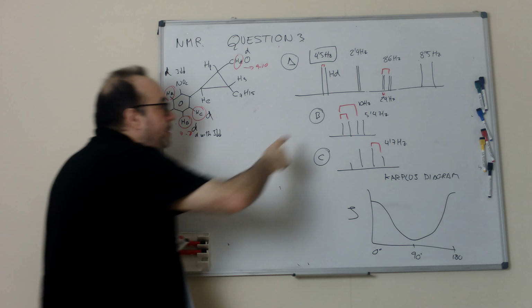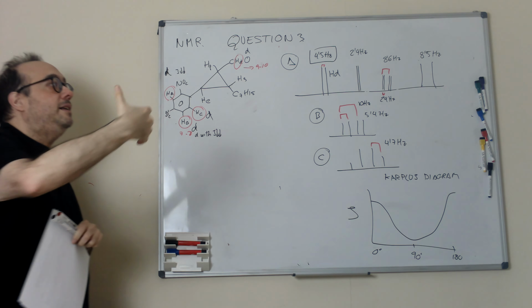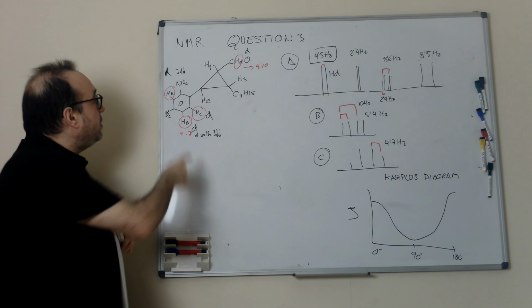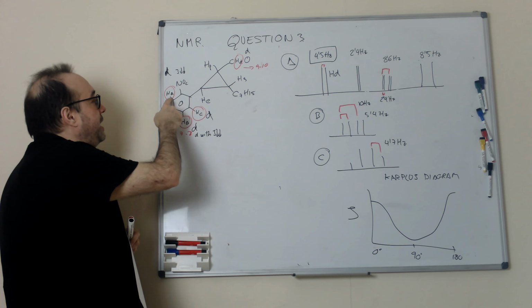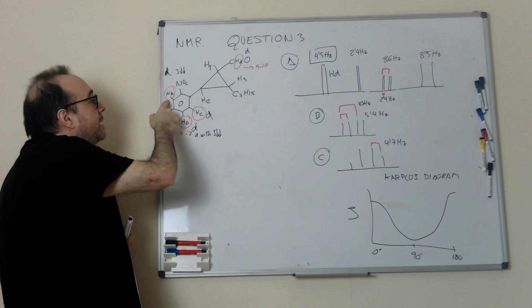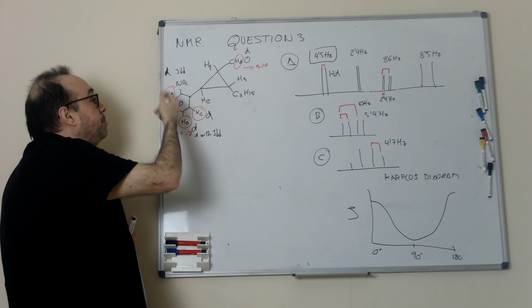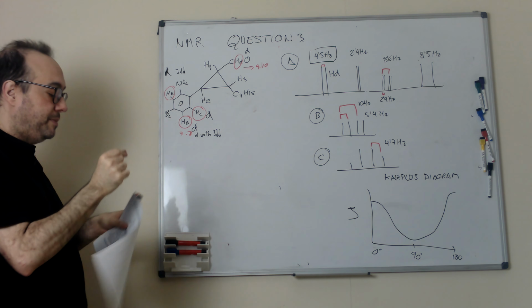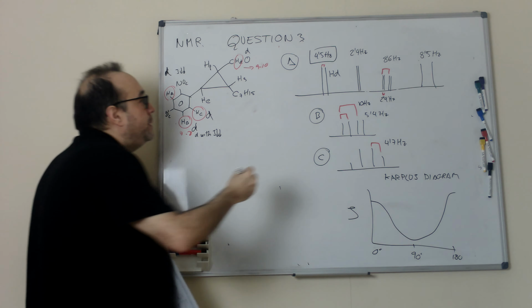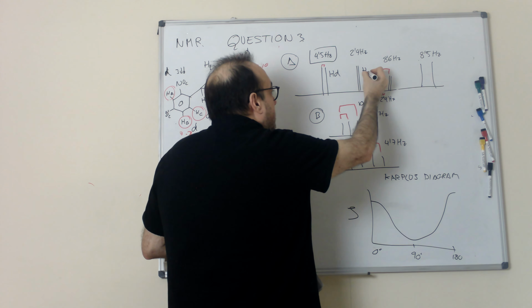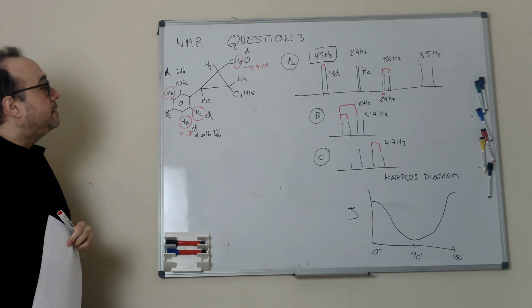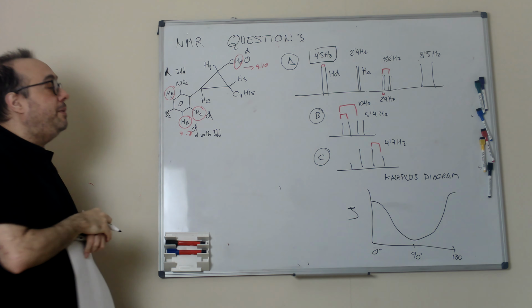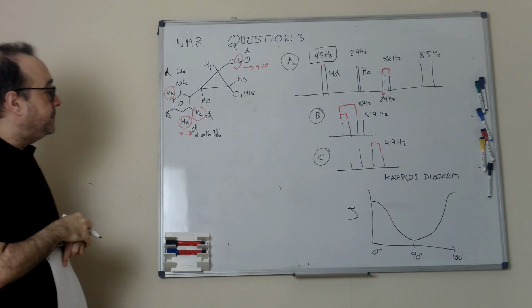Next, we have a doublet, but with a very narrow J coupling. That means it corresponds to HA. We decided HA has to be a singlet, but maybe it's coupling at J4 and will be a doublet with a very small coupling constant. That means that this will be HA. Also, it's the most deshielded because we have the 2 electron withdrawing groups in ortho position.